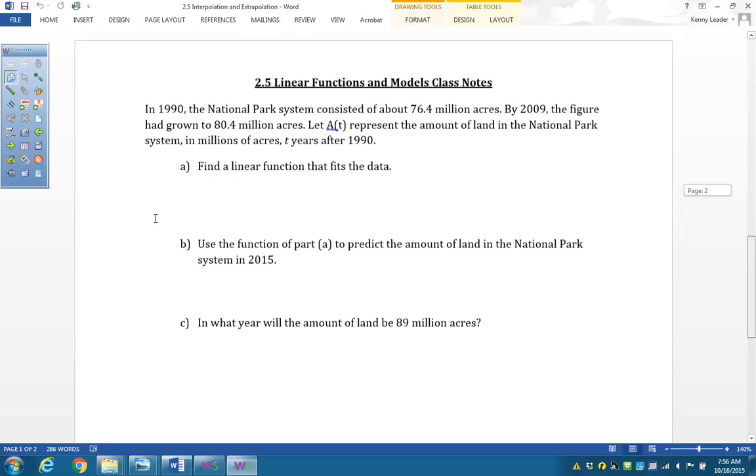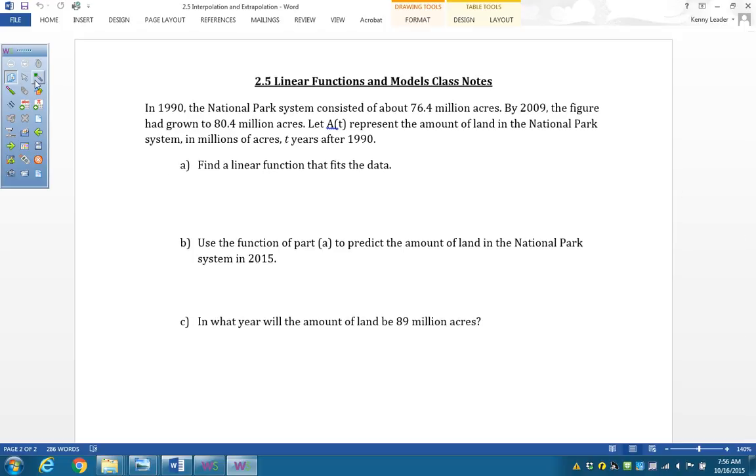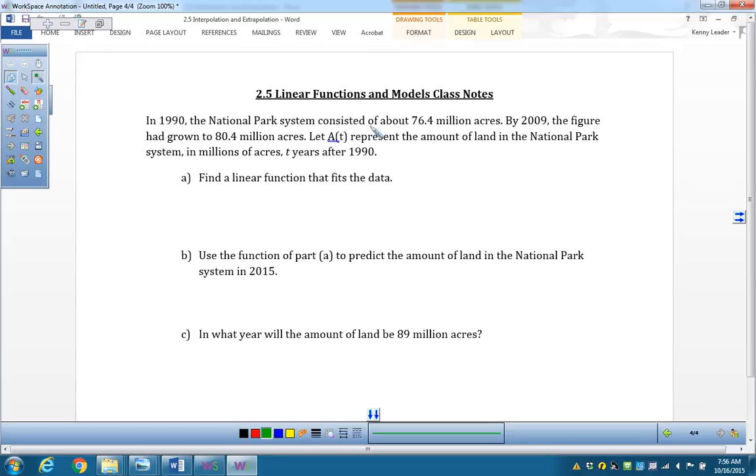basically we're doing the same thing, except we're going to do it algebraically. It says, in 1990, the national park system consisted of about 76.4 million acres. By 2009, the figure had grown to 80.4 million acres.